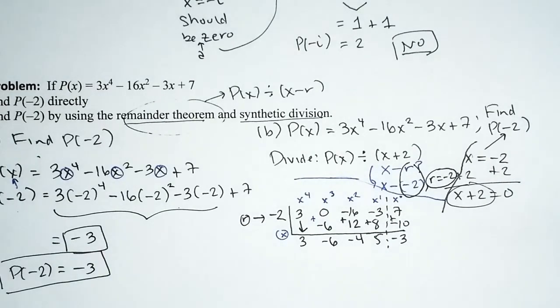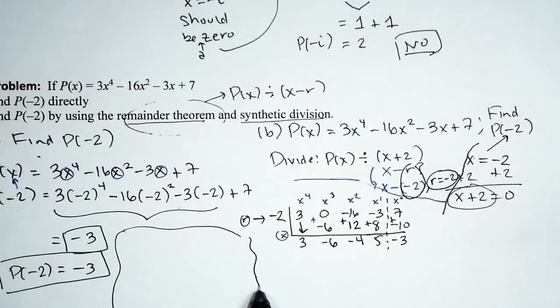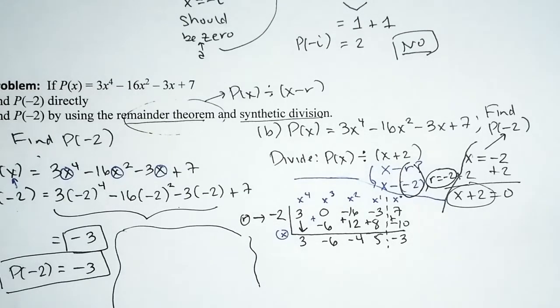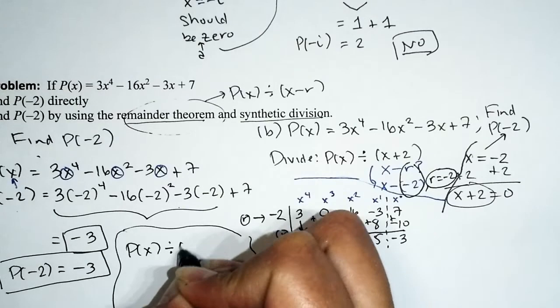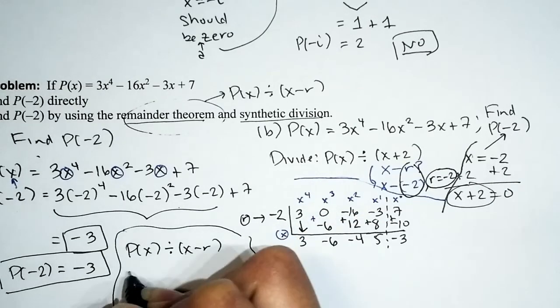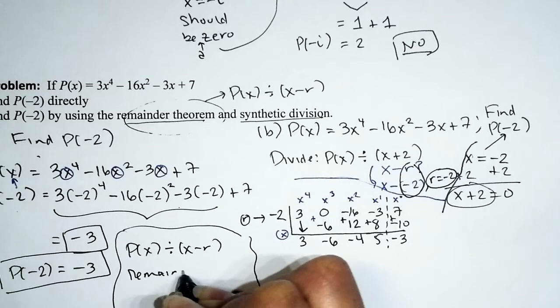So what does the remainder theorem say? The remainder theorem says this: if we have some polynomial and we divide it by x minus r, then the remainder is given by p of r.